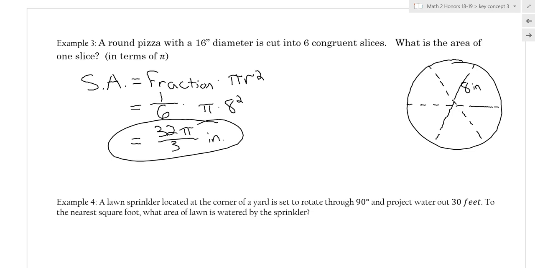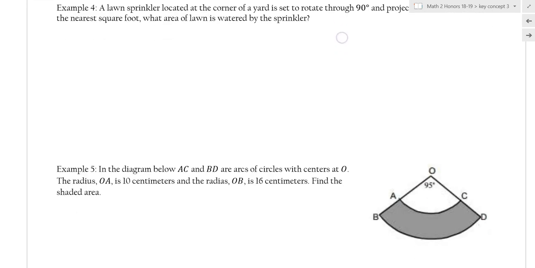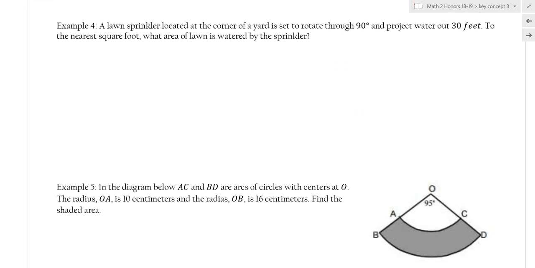Looking at example 4. A lawn sprinkler located at the corner of a yard is set to rotate through 90 degrees and project water out 30 feet. To the nearest square foot, what area of lawn is watered by the sprinkler? Okay, so it's in this part of the lawn, and it's making a circle like this. It goes out 30 feet.